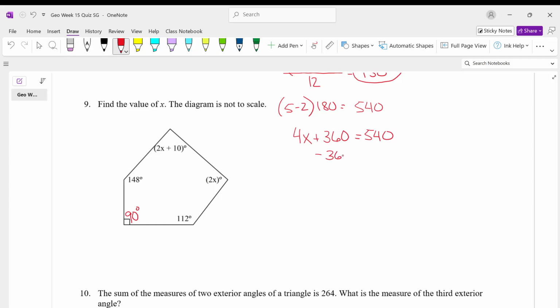Subtract 360 from each side. So our 4x is equal to 180. And then divide each side by 4. So we get an x that's equal to 45.